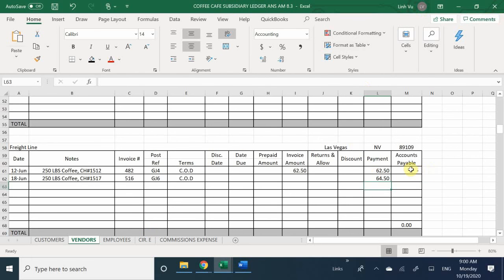Do we owe freight line anything? None. Okay, so how do I show that I owe them nothing?